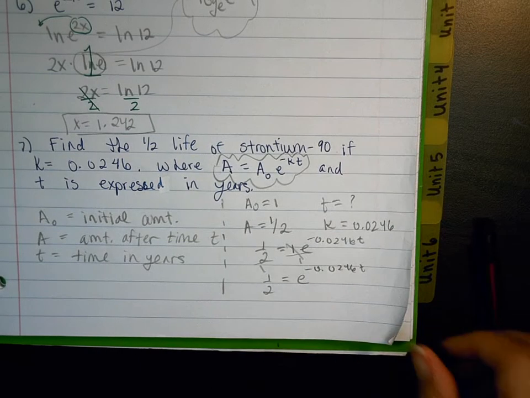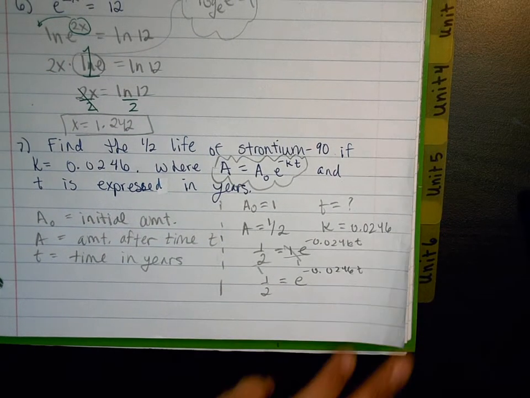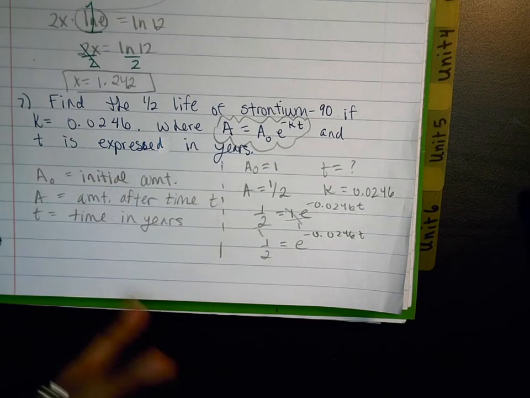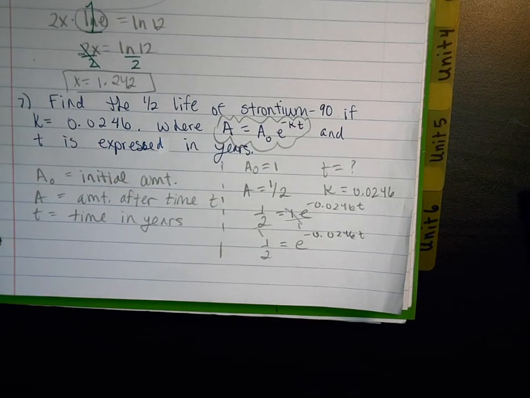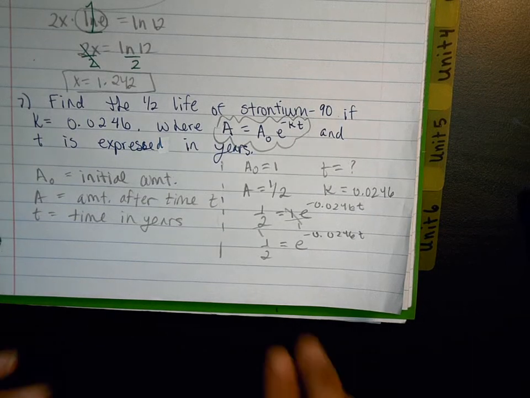Now, again, you can use the change of base by changing to logarithmic form, but these are the ones where I'm going to take the log of both sides and bring down my exponent. But instead of log, I'm going to use ln instead of log base 10 because there's an e in the problem.